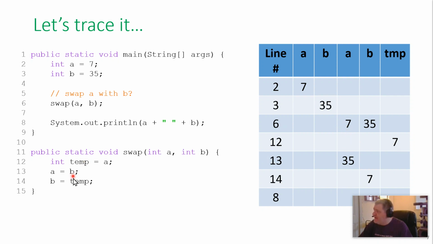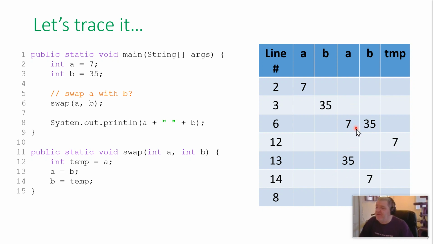Line 13, I assign whatever is in B to A. So here we are. In B, I have so far 35. I assign it to a variable parameter, A. So I override the 7 that was there before, okay? So now I have 35 in A, 35 in B, that didn't change. And finally, line 14, I assign TMP, which is 7 right now, to B. So now I did the job, right?